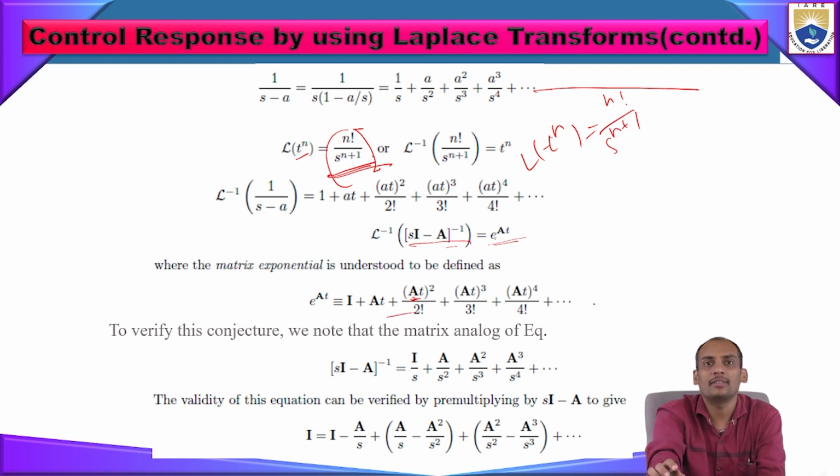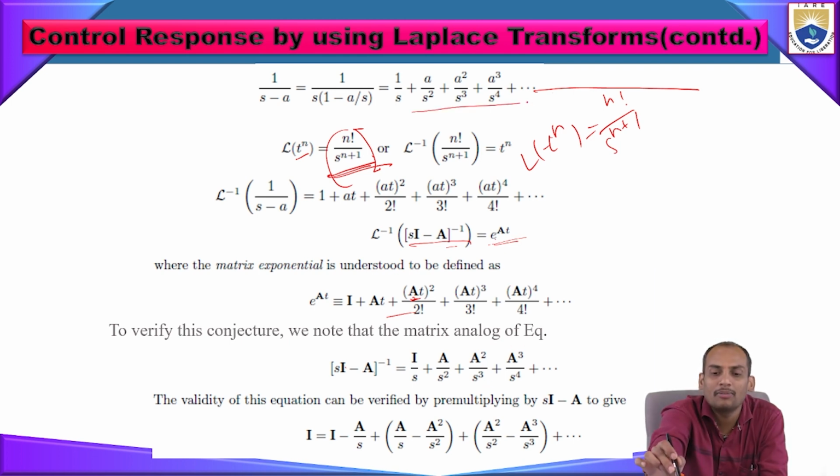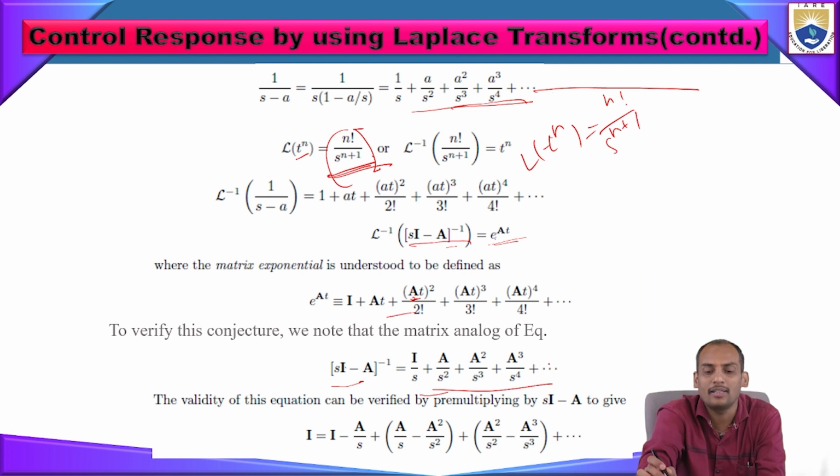Okay, so for the conjecture verification, (sI minus A) inverse will be the identity matrix I by s plus A by s square plus A square by s cube plus A cube by s power 4, like that. That is the same as this one, we can write (sI minus A) inverse like that.